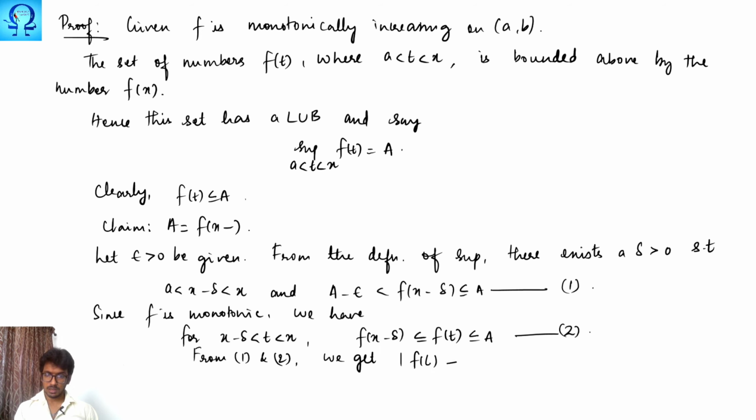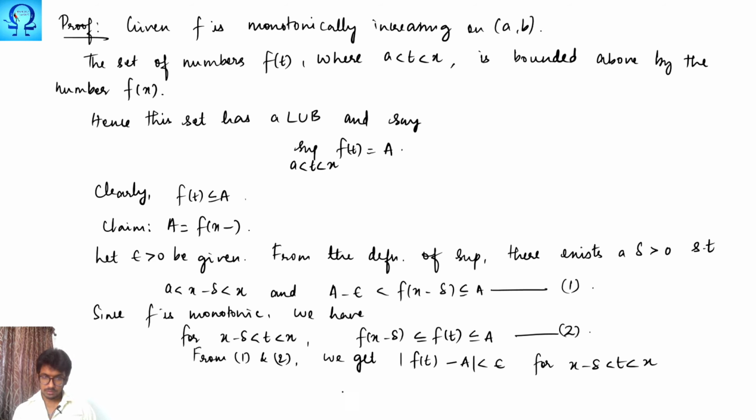So it is a dummy thing, right? The absolute value of f of t minus a is less than epsilon for x minus delta less than t less than x. If you take any t in this interval, this is going to happen. So here you may see that is happening. So that is what we have written.